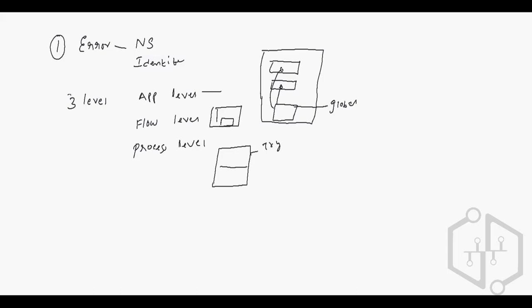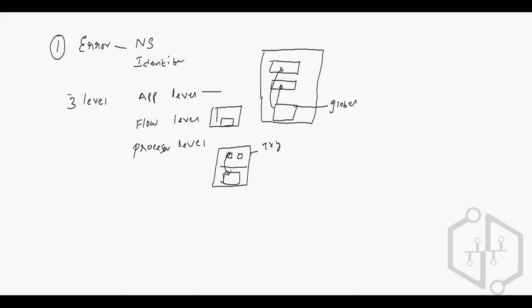Component level, processor level, it's the same. Processor level is the right word. So we wrap processors inside this try block, and if any error occurs, it comes first to the try block's error handler.